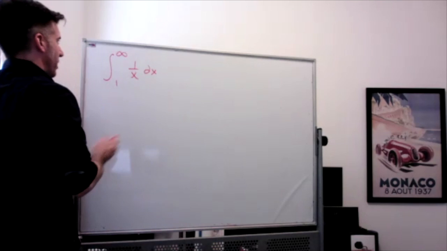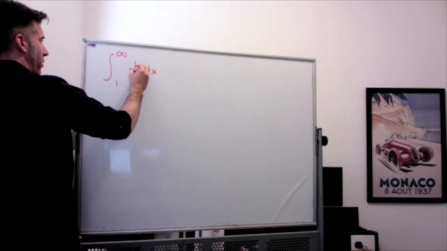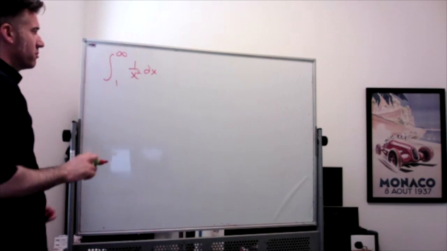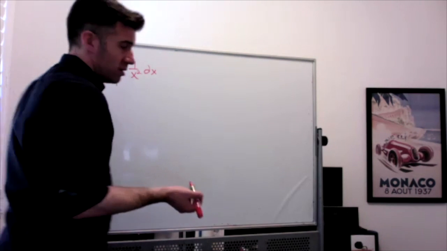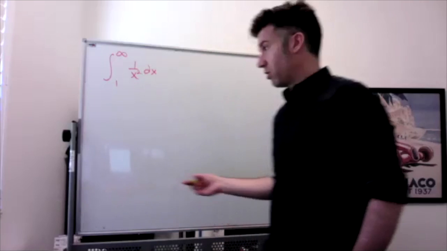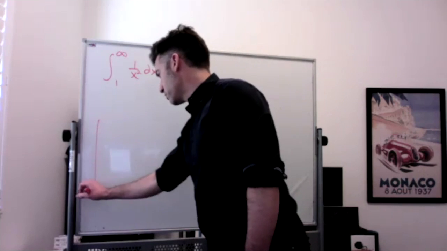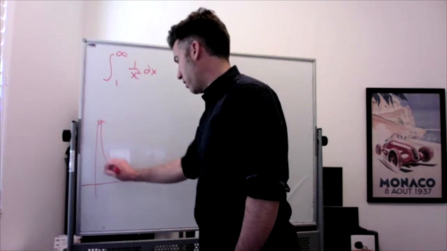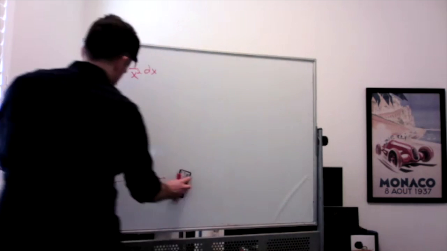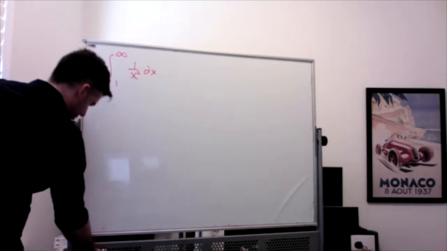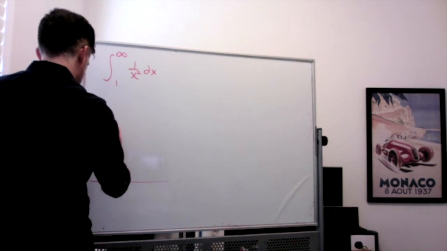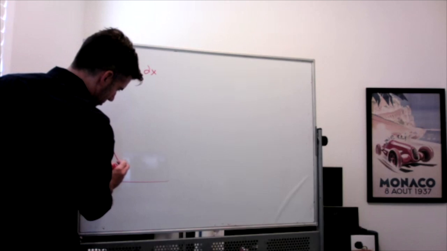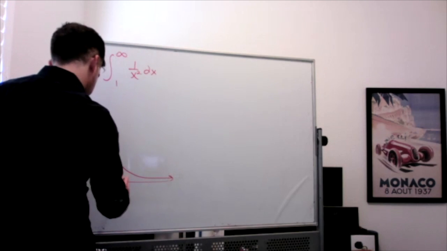So I want to find the integral from 1 to infinity of 1 over x squared dx. Okay. So again, the idea is very similar. You've got this function, 1 over x squared. Looks kind of like that.